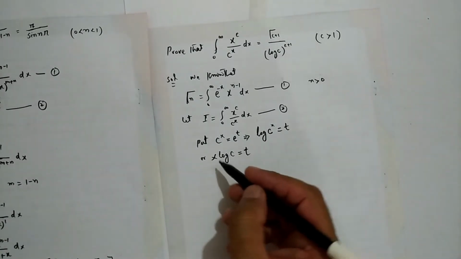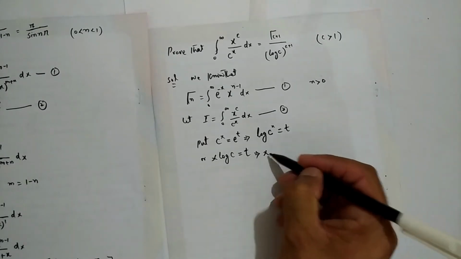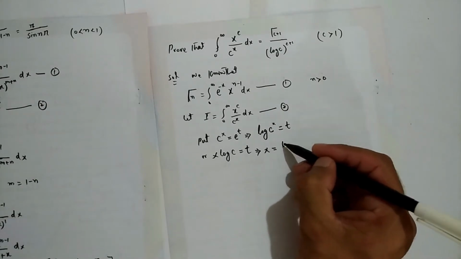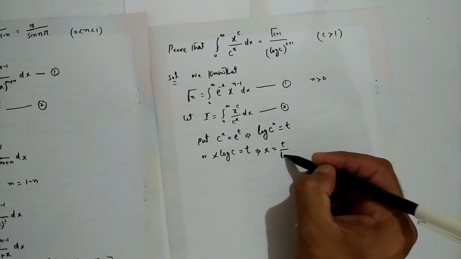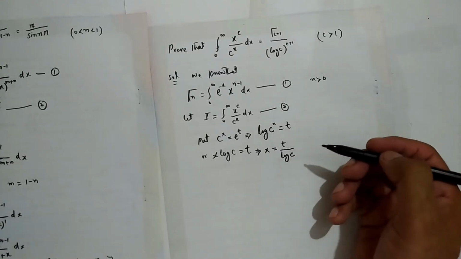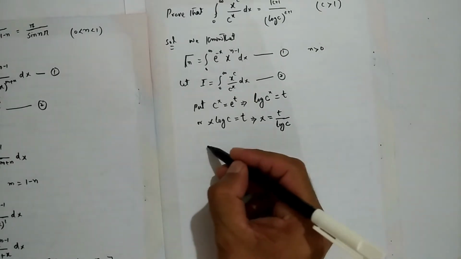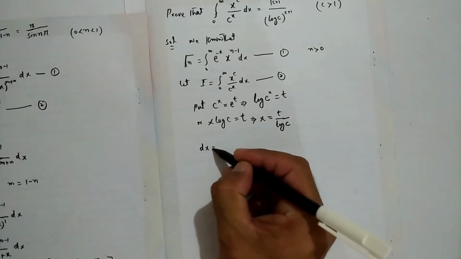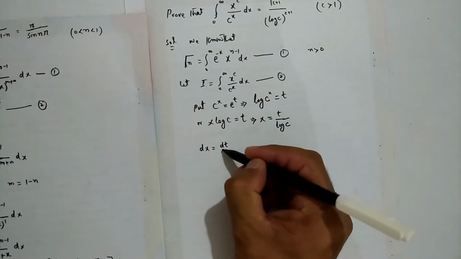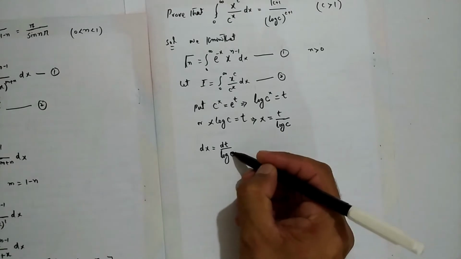Thus from here we can write x equal to t divided by log of c, and hence its derivative will be dx equal to dt divided by log of c, because c is a constant.